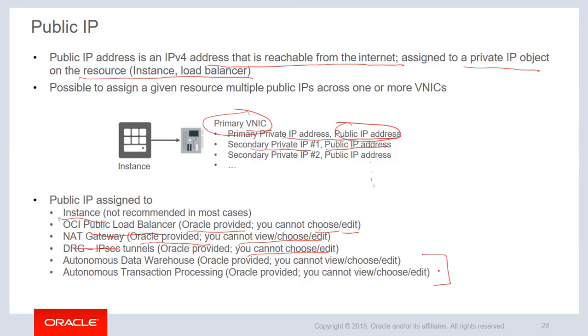You cannot view, choose, or edit these values. And then we have the container managed Kubernetes service, which has a master and worker nodes, and they also get public IP addresses, but you cannot choose or edit here. Now, one thing which is missing here, I think in my slide, is also the internet gateway. It gets an IP address, you cannot view, choose, or edit, along with NAT gateway.